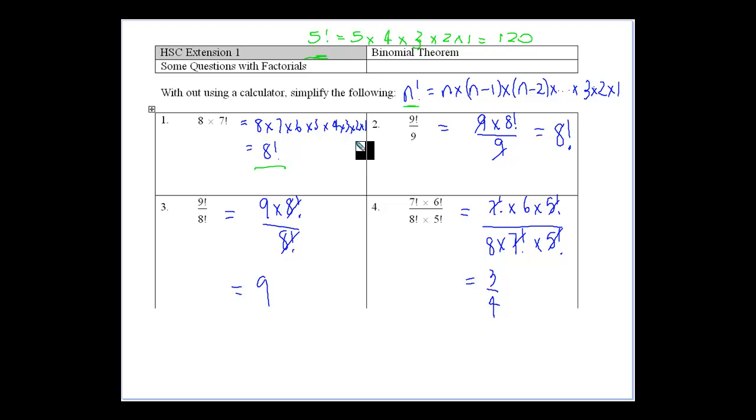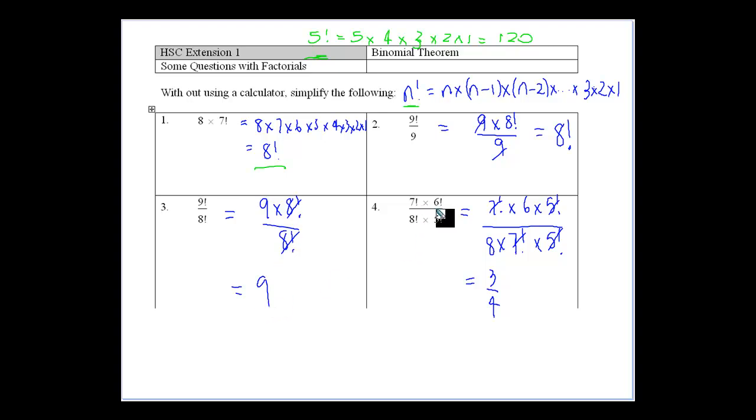We'll see ones with algebraic terms, with the n's and other algebraic terms, later on. So 9 factorial times 9: well, 9 factorial can be written as 9 lots of 8 factorial, because 9 times 8 times 7 and so on. And then the 9's can cancel here, leaves us 8 factorial. So 9 factorial divided by 8 factorial is 9 times 8 factorial over 8 factorial, and we do the division, which gives us 9.